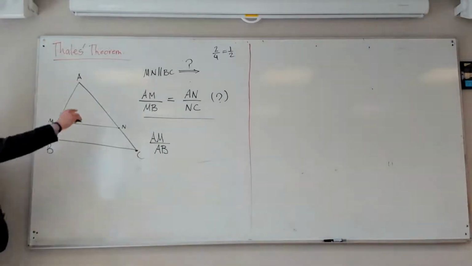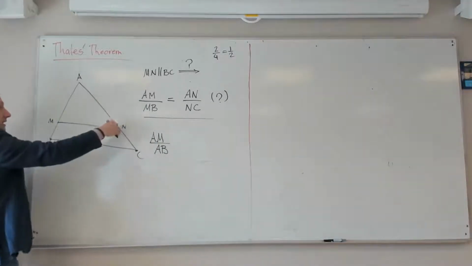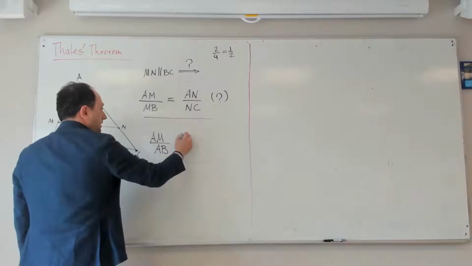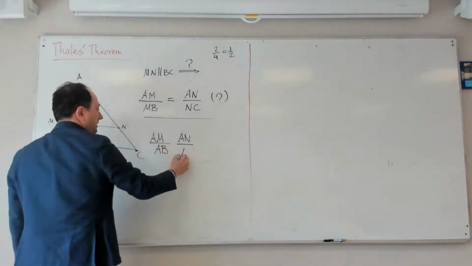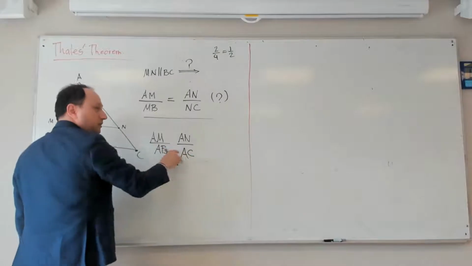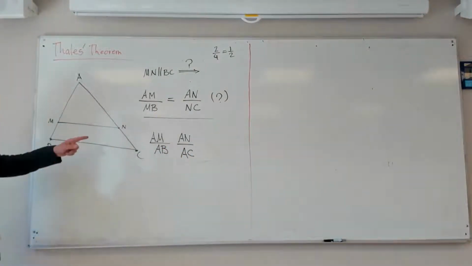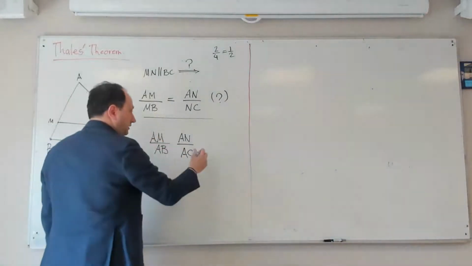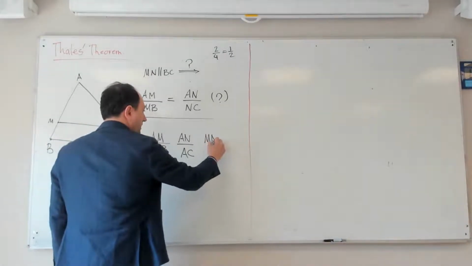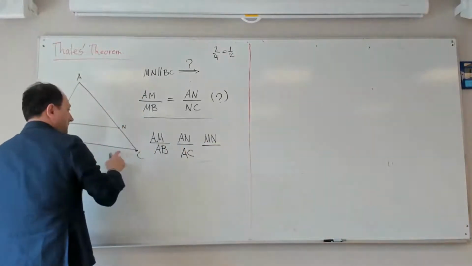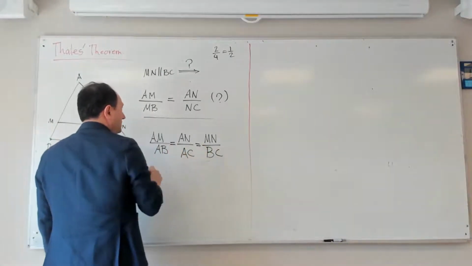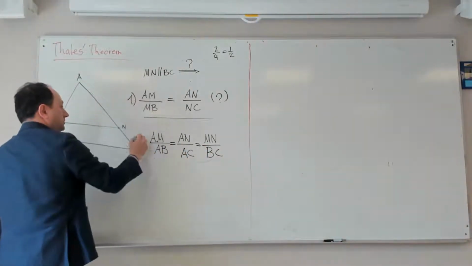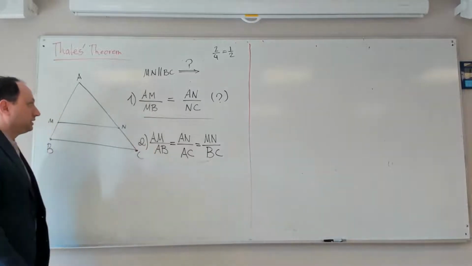And then do the same thing here, AN, and then divided by the whole AC, they become equal. And if you do this, you can write the third one. The third one is MN over BC. Okay? So I want you to know both of them, number 1 and number 2.